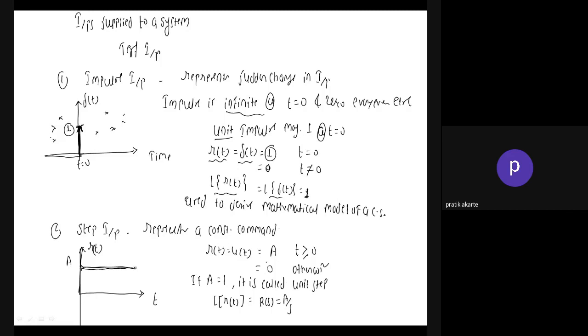If we take A equal to 1, it is 1 upon s in this case. If we want to take the complete Laplace transform for this particular thing, it is A of s, and instead of that, if we are putting a unit step value, it is 1 upon s.